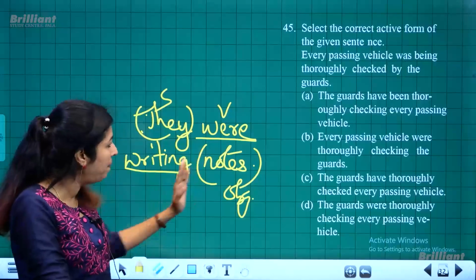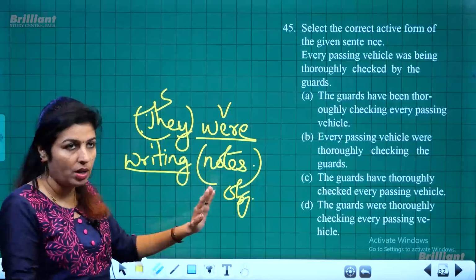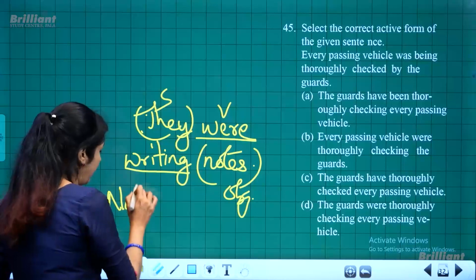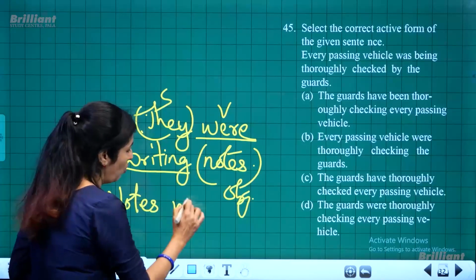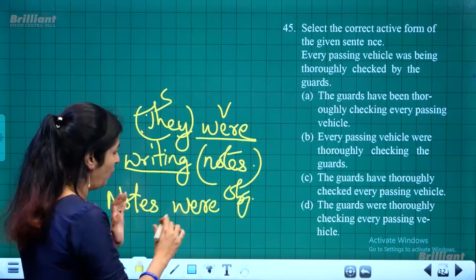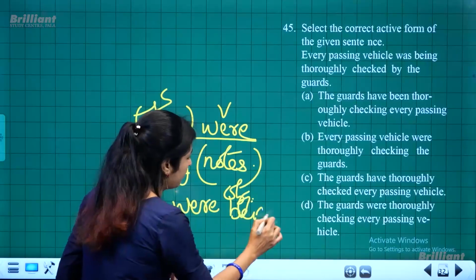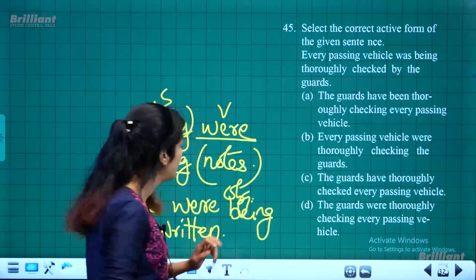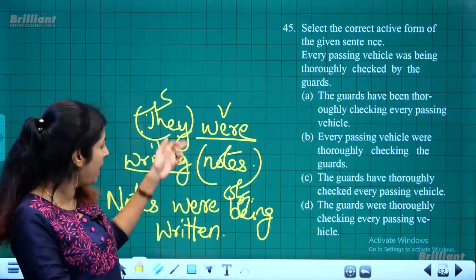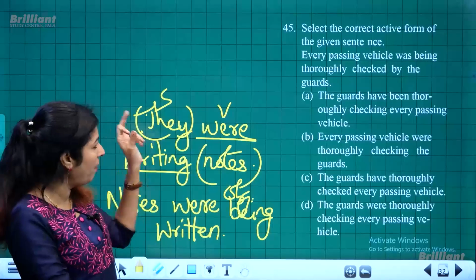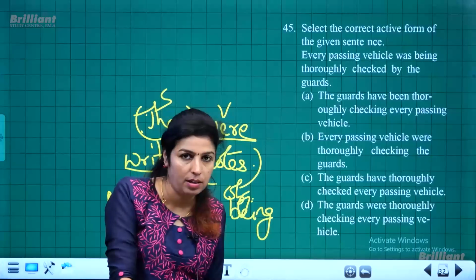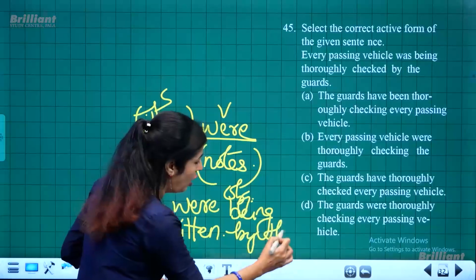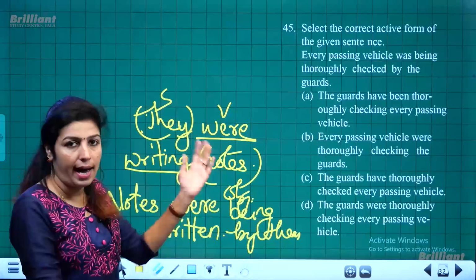Notes were being written. By them is optional. Notes become the subject, notes being plural, were being written. If you know for sure who exactly had written the notes, you can add by them, or else you can leave it out. That is completely optional. This is how you make active into passive.